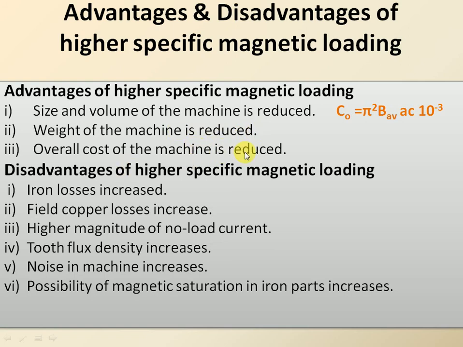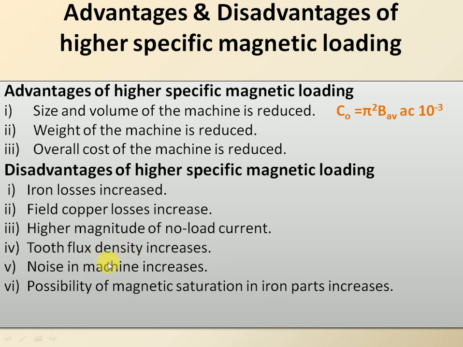The major disadvantages we have already mentioned for a large value of B average is, if you are choosing a large value of B average, then the value of BT will be large, which will result in a large value of iron losses. If the value of BT is large, then the field MMF has to be increased. So definitely the field copper losses also will increase.